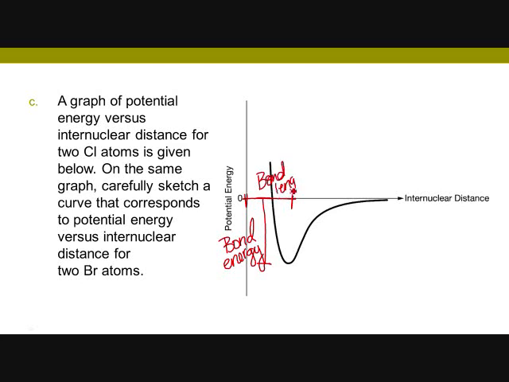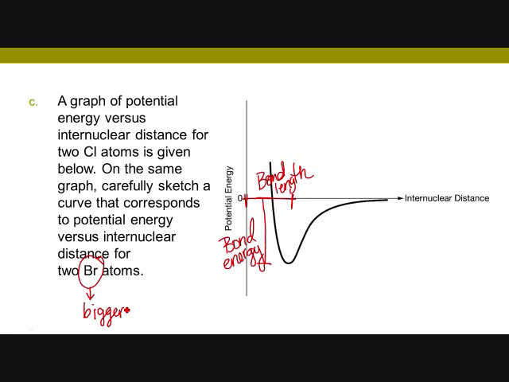Looking at the periodic table, bromine is lower than chlorine. It's the next one down from chlorine. So the atomic radius of bromine is larger. Because it's bigger, that tends to make us believe that the distance between the 2 atoms, the internuclear distance, is going to be slightly larger than for chlorine.